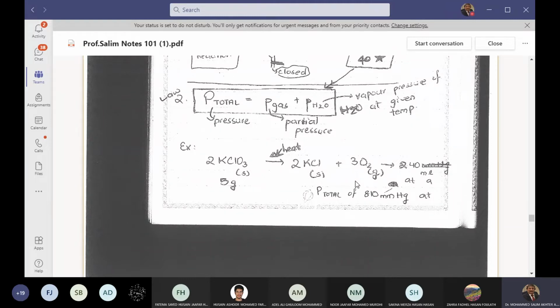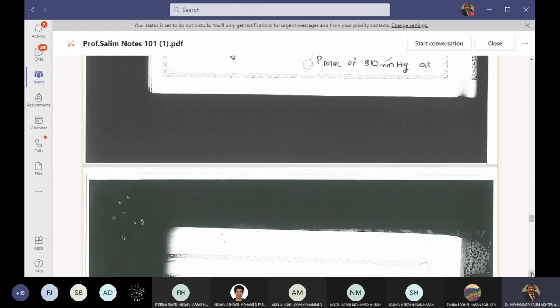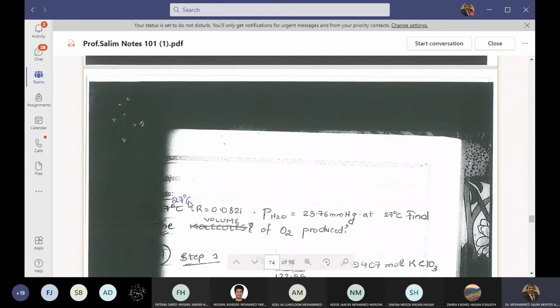I would like to know what is the volume of O2 gas at this total pressure, and the temperature is given, which is 27 degrees C. The vapor pressure of pure water is given.